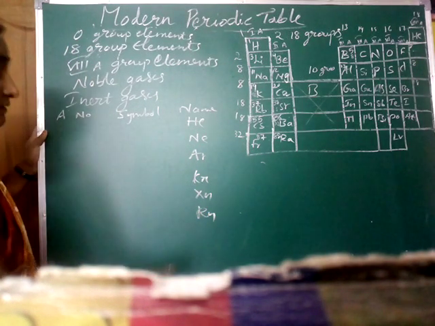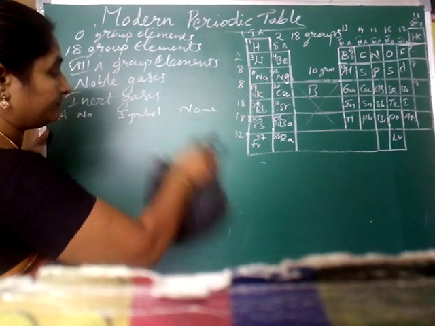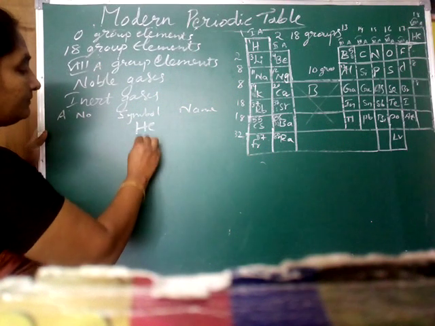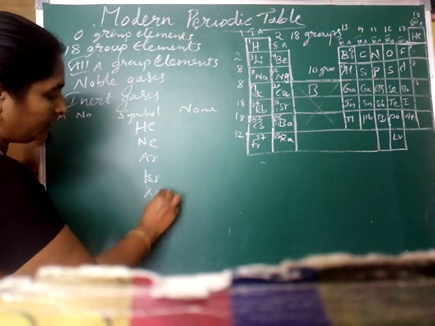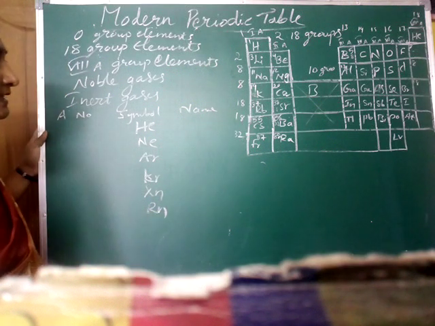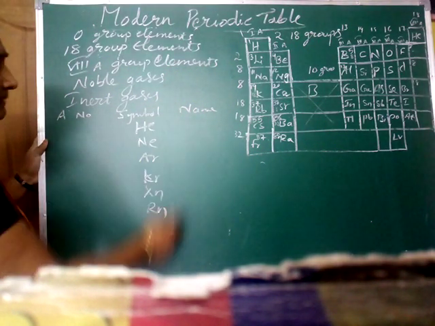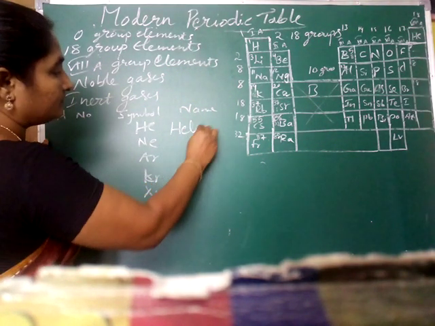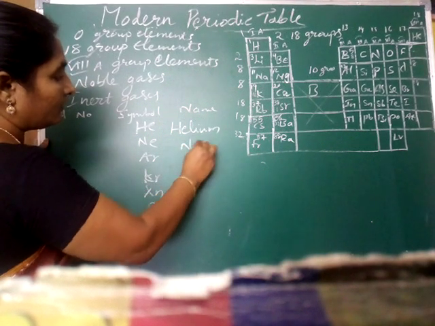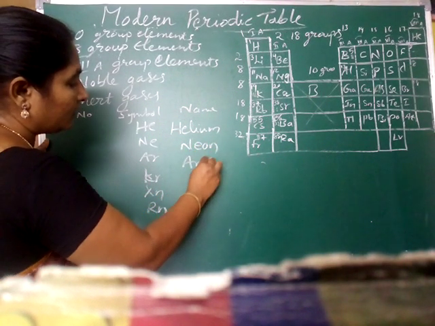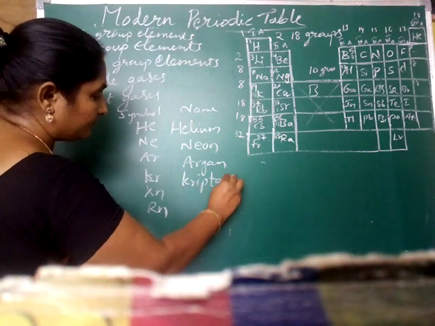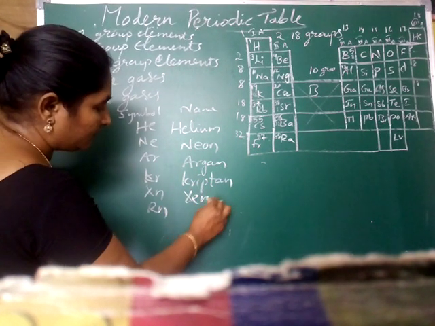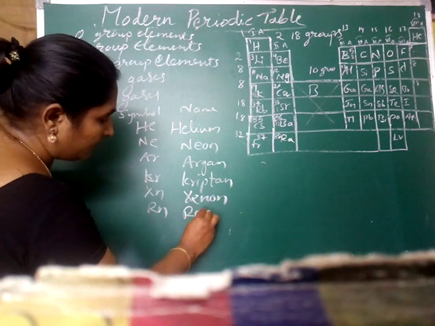The symbols of these are helium, neon, argon, krypton, xenon and radon.